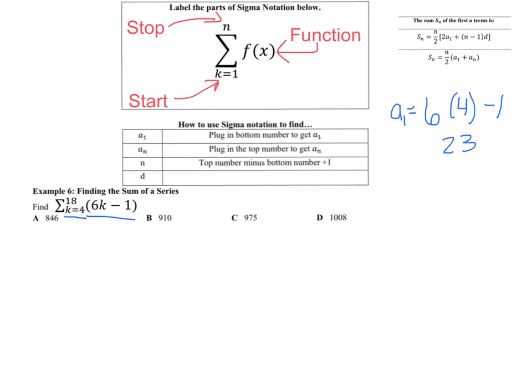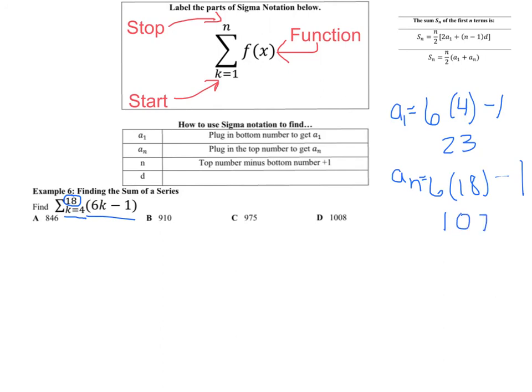Now I need to find a sub n. A sub n I get from plugging in my top number. So 18 is my top number, so I'm going to have 6 times 18 minus 1. And 6 times 18 is going to give me 108, minus 1 is going to give me 107.